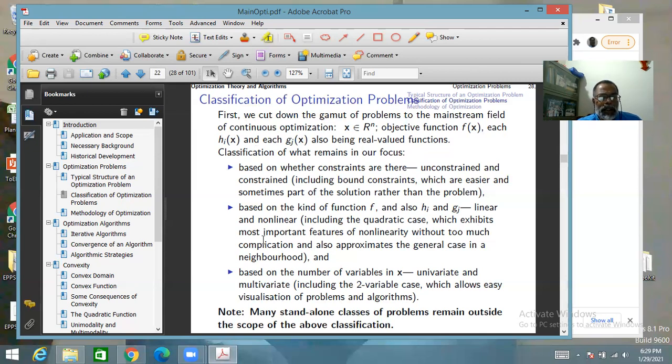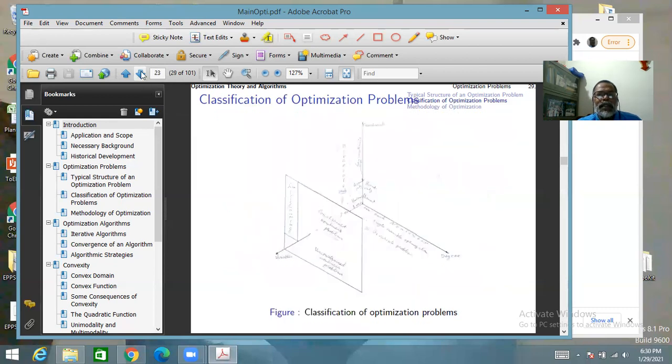Now, this classification, schematically and pictorially, you can see in this. Here the picture is a little faint, but let me explain what it is and later download this picture and study it a little properly.